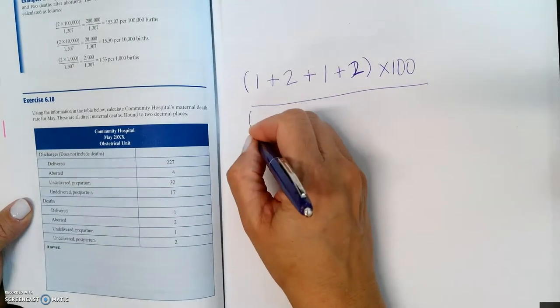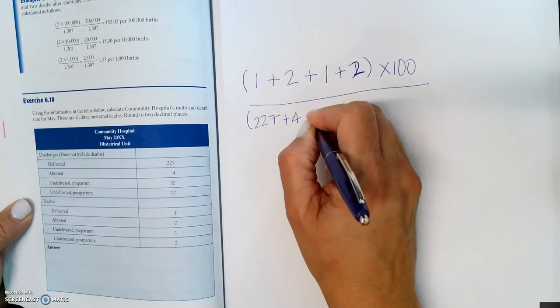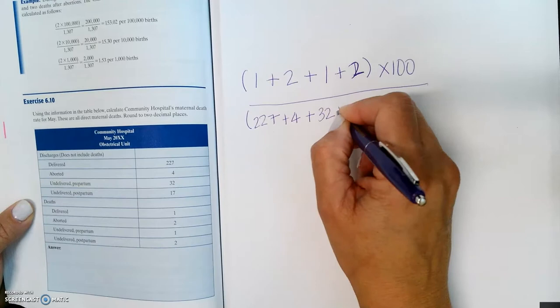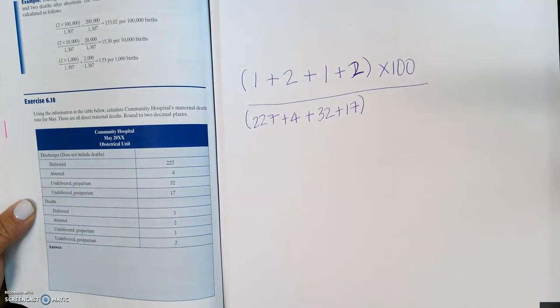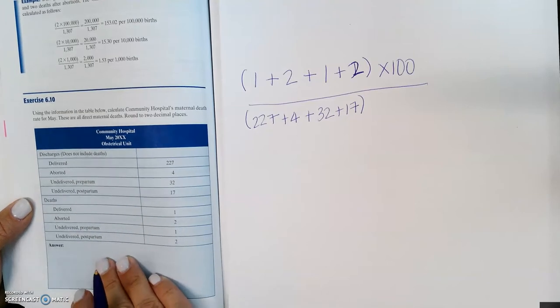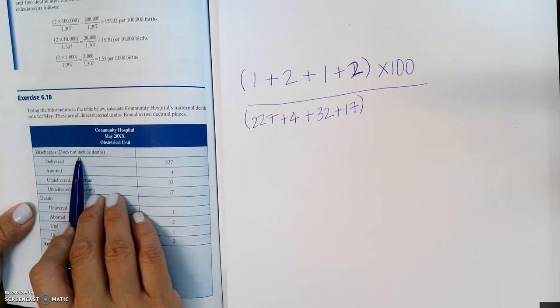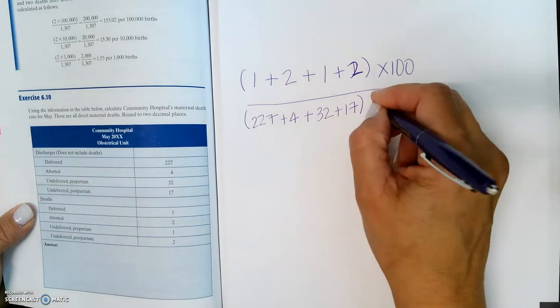So I'm going to take those 227 delivered, the 4 aborted discharges, undelivered pre, plus undelivered post. Okay? And then to that, we have to add the deaths because they're not included. And so we know from above there are 6 deaths.